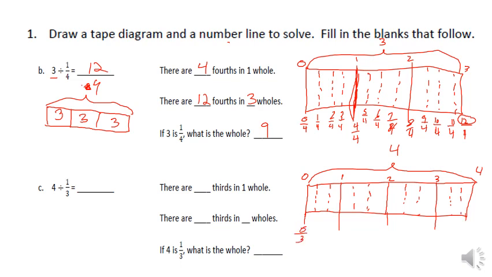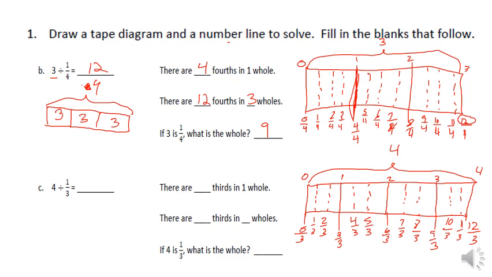Now I'm going to list the thirds. I got 0 thirds, 1 third, 2 thirds, and 3 thirds, which equals 1 whole. And I have 4 thirds, 5 thirds, 6 thirds, which equals 2 wholes, 7 thirds, 8 thirds, 9 thirds, which equals 3 wholes, and 10 thirds, 11 thirds, and 12 thirds, which would equal 4 wholes.